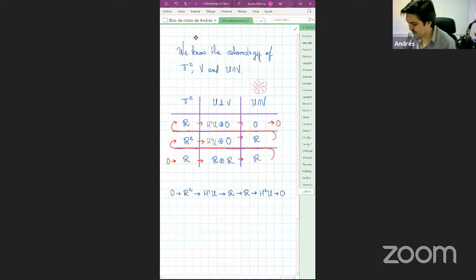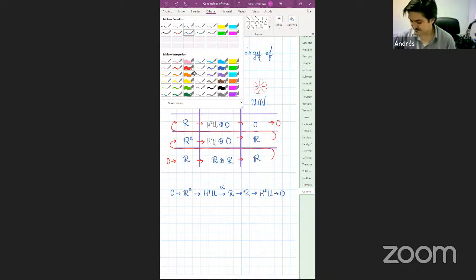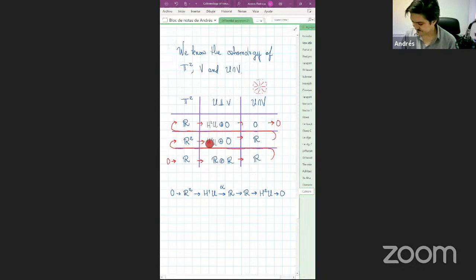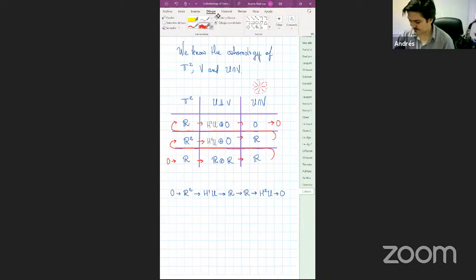Okay, so let's call this map alpha. The map alpha is exactly this map here. Oh, sorry, I didn't mean that alpha, that's wrong. I want this map, right? So sorry, that's not the alpha. I made a mistake there. It is this one here.